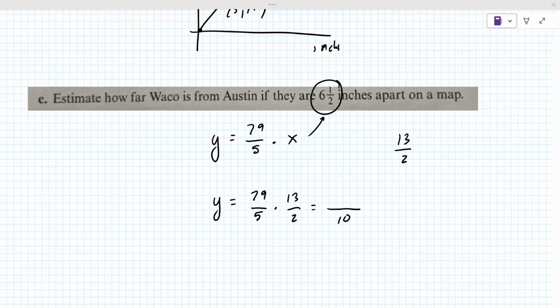All right. Let me just calculate that real quick. So unless I messed up, that's 307 over 10.